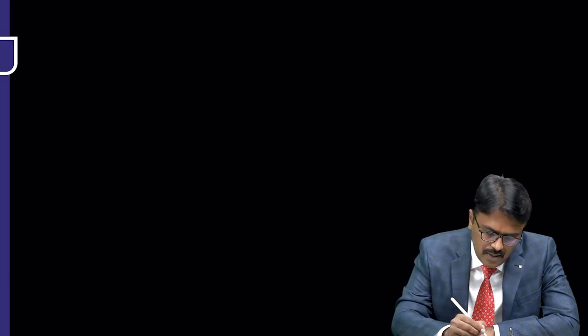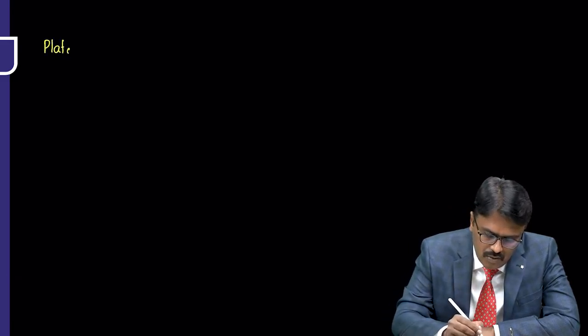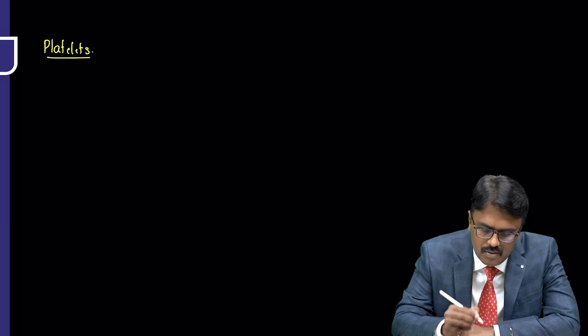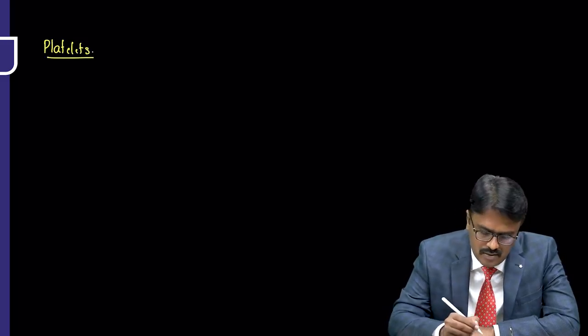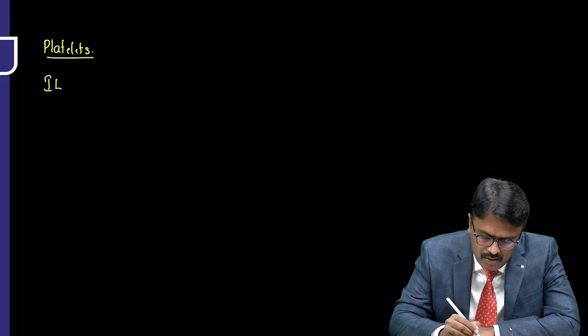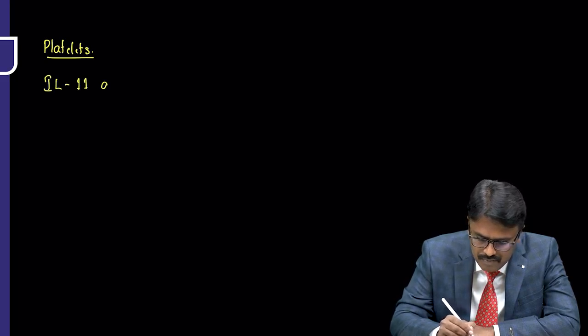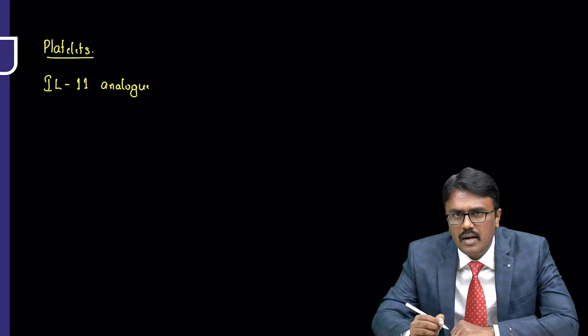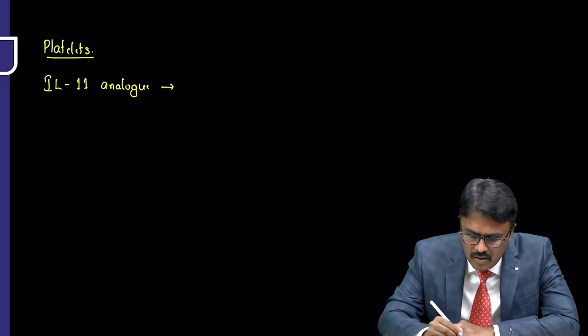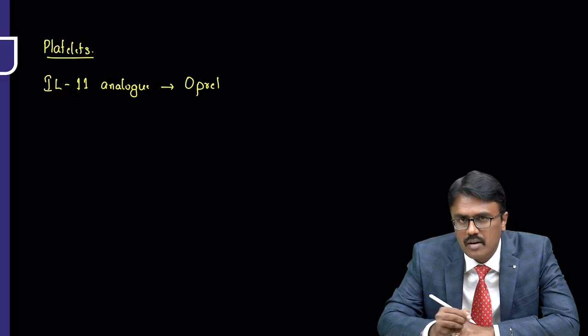Now, whenever we use anti-cancer therapy, there is a risk of platelets coming down. So how do we increase platelets? We use an interleukin 11 analog. The name of it is oprelvekin. You know April, this is Oprel.